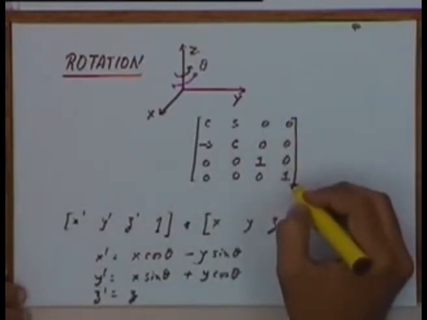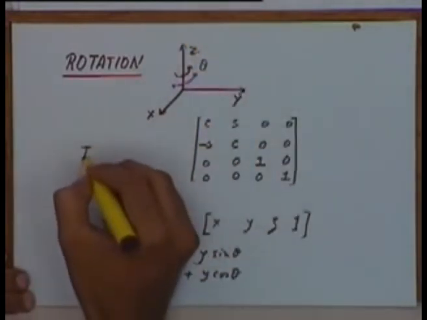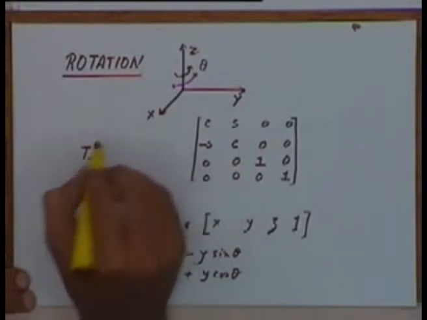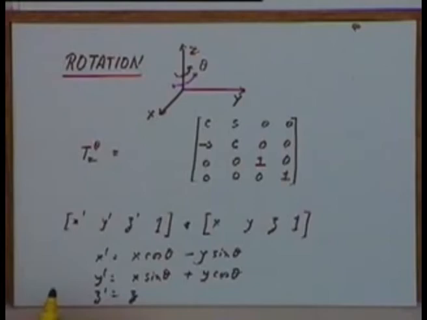This is the transformation matrix for rotating about the z axis. We can write it as Tz by an angle theta. This is the transformation matrix for this operation.